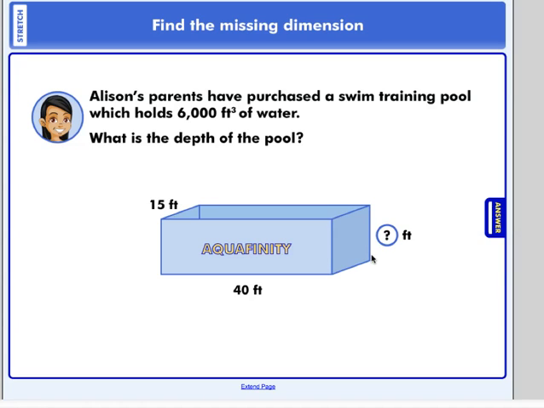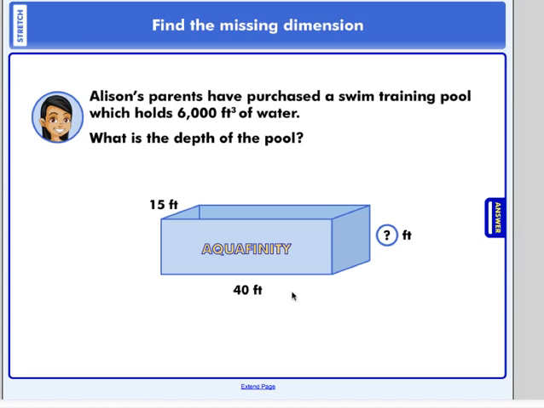All right, now to figure out something like this, you got to work backwards, okay? We know the volume is 6,000. We even can figure out the area of the base would be 40 times 15. So if you calculate 40 times 15, you get 600.